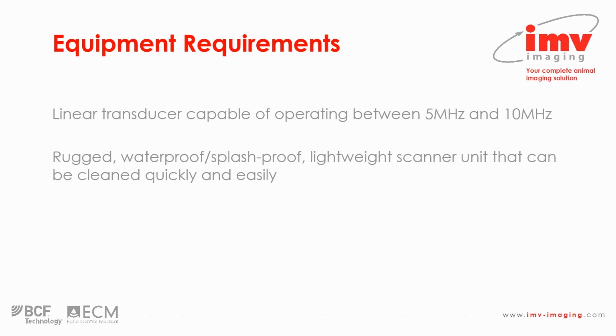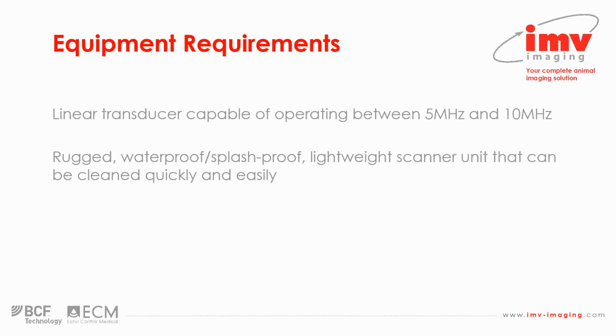We want the equipment to be rugged. We want it to be either waterproof or at the very least splash proof. We want it to be lightweight so that we can wear it for extended periods of time on farm without becoming uncomfortable, and obviously with good ergonomics. We want it to be able to be cleaned and disinfected quickly and easily.